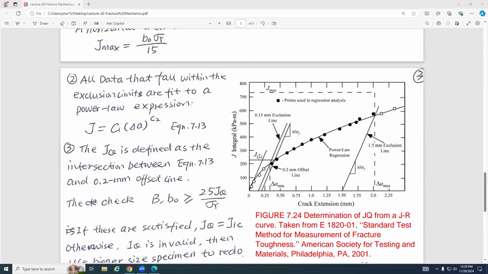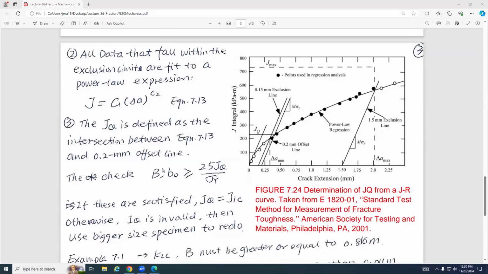Now this is only JQ, guys, and then you need to check whether this JQ equals JIC or not. How to do that? You need to check if the thickness B and also the initial ligament length B0, both of them, are greater than or equal to 25 JQ divided by sigma y.